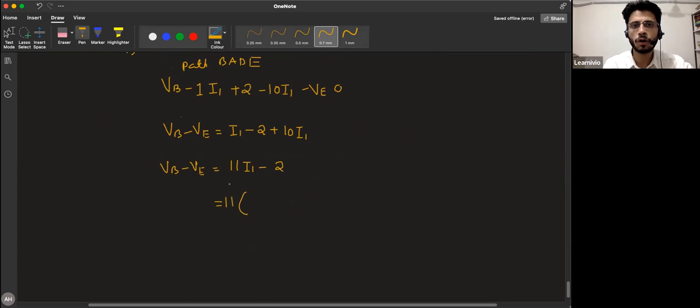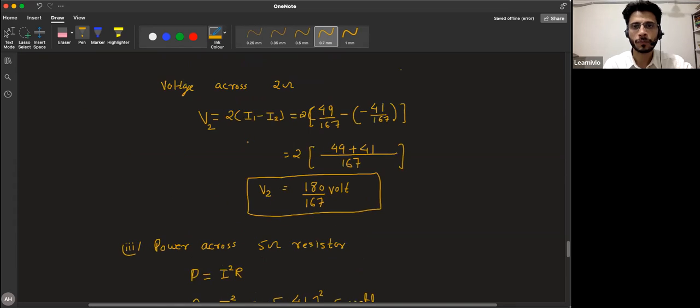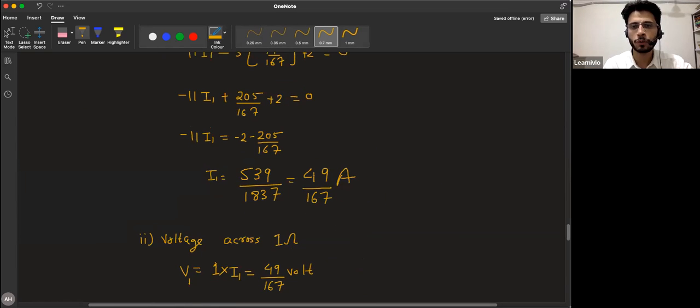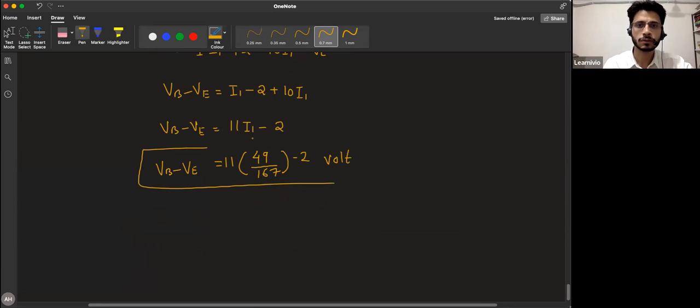The value of I1 is 49 by 167. So it's 49 over 167 minus 2. This much volt is your VB minus VE. You can subtract it and multiply it.